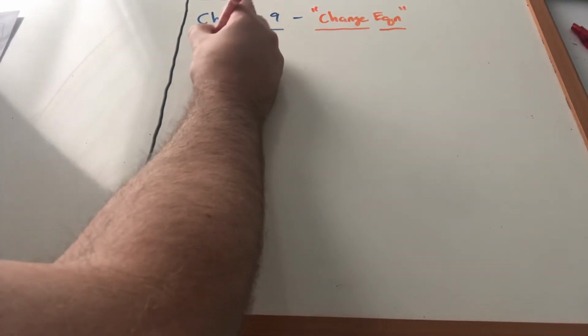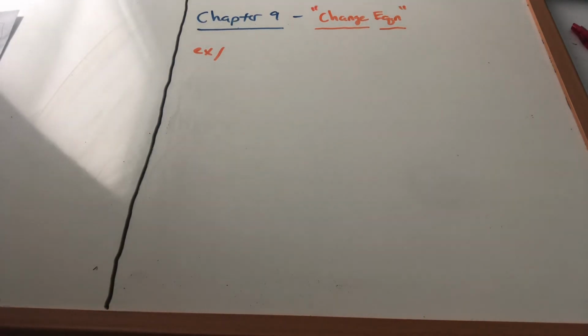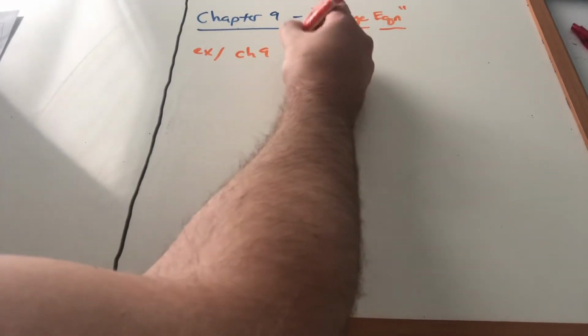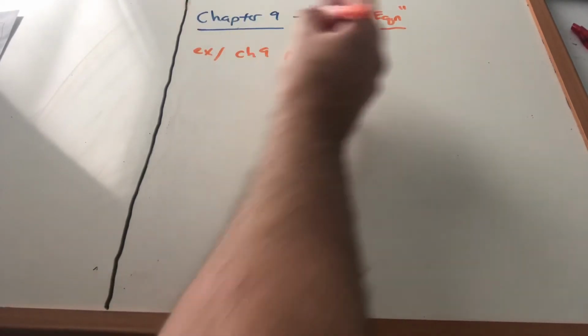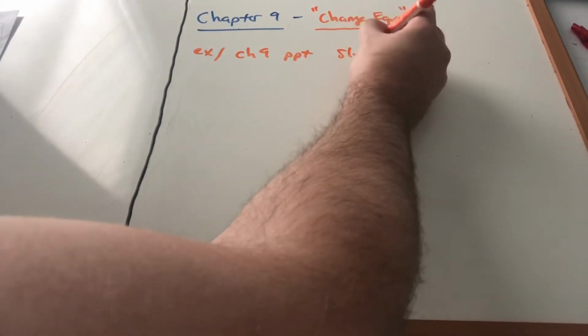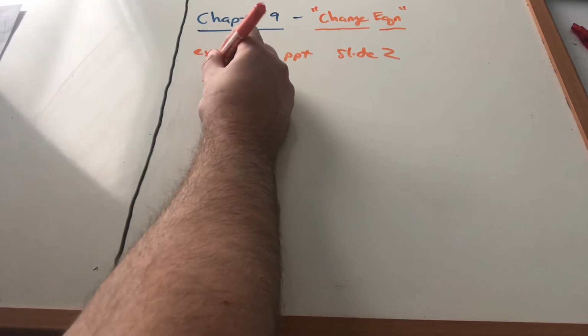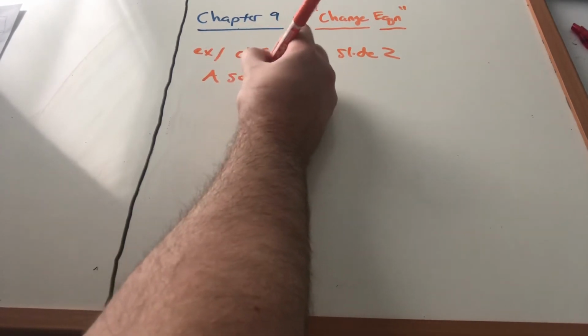Let's take a look at an example from your slide show. So this is the chapter 9 PowerPoint, and let's look at slide 2. All right. Now, chapter 9's PowerPoint slide 2 will give you some information about a gas, and the gas is undergoing a change. And essentially what you have is a sample of gas.